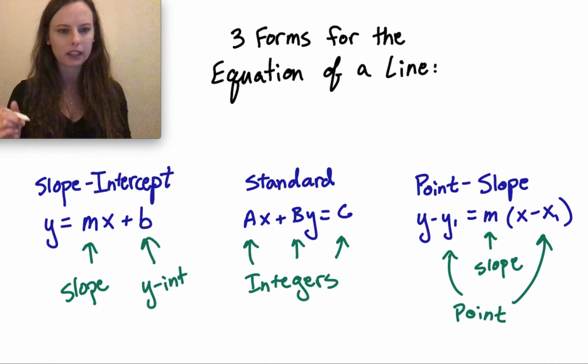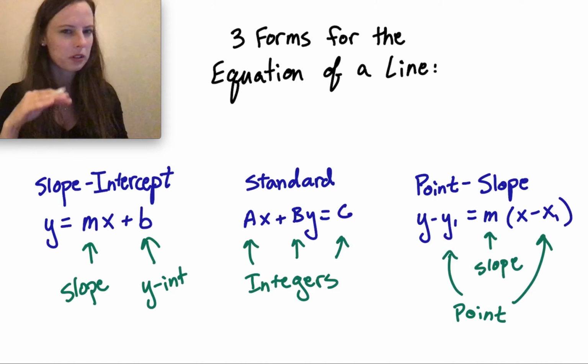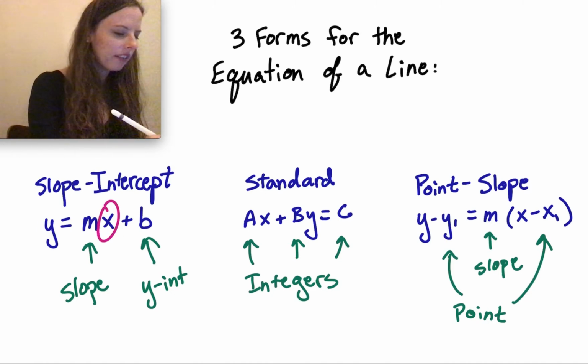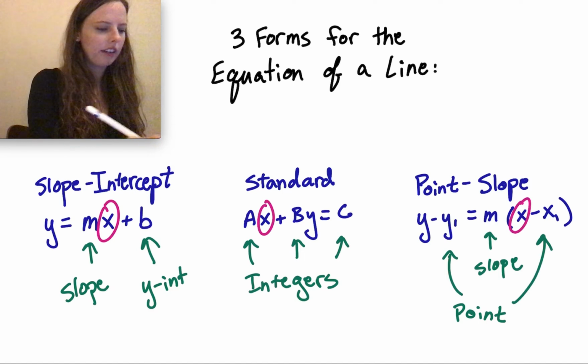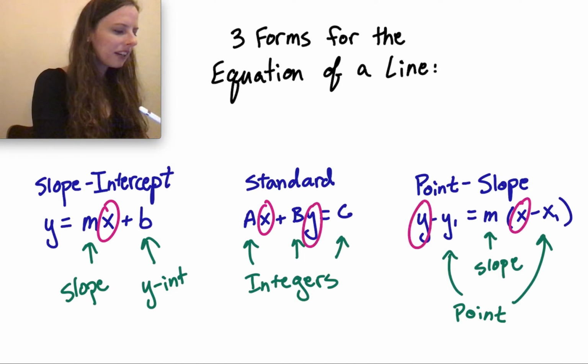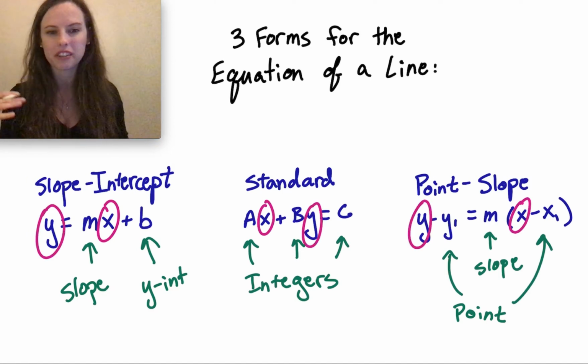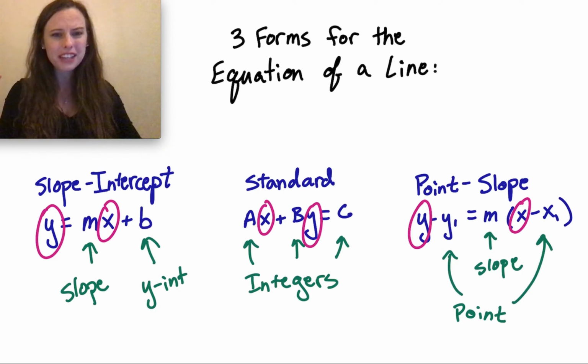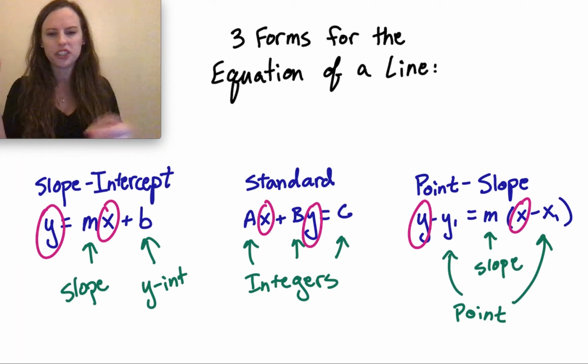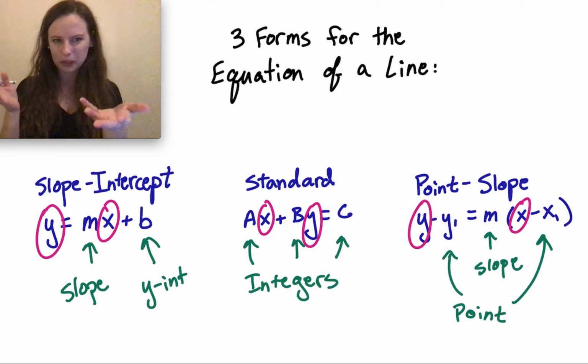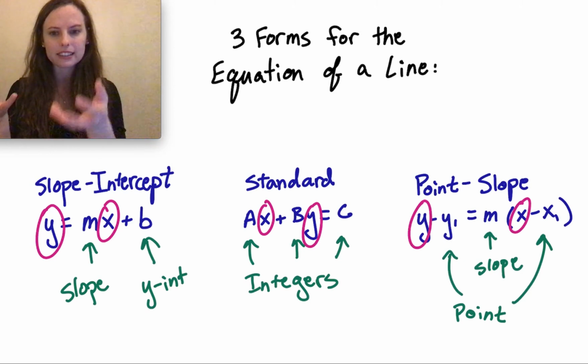So the first similarity, something that every form has no matter what, is they all have an x and they all have a y. This is because anytime you write an equation of a line, you have to have space in that equation for inputs and outputs. So that's what the x and the y represent.